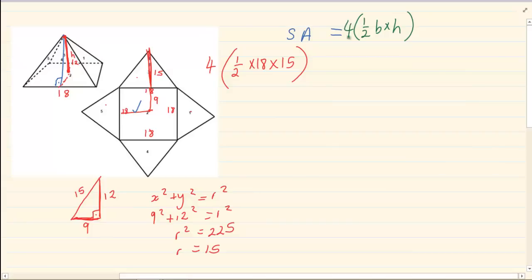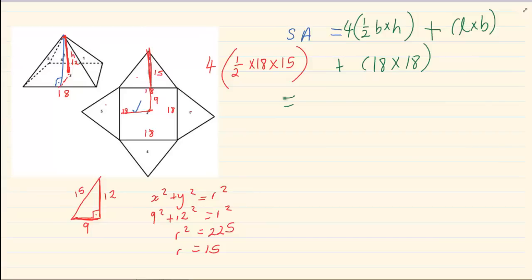Then we're going to say plus the surface area of the square, which is length times breadth. So it's going to equal 18 times 18. Then you simply use your calculator and get an answer for the surface area, which is equal to 864 units squared.